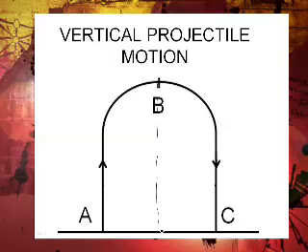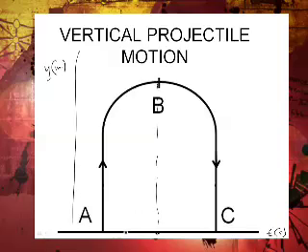If you look at this shape here, this is an object going up and down. If you like, you can complete this and say this is a graph of displacement versus time. It goes up and down, and this is the shape it will take.